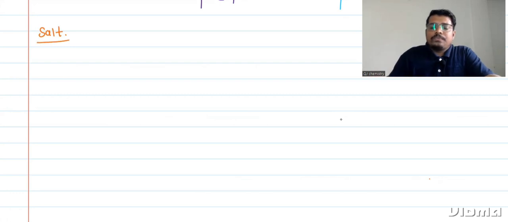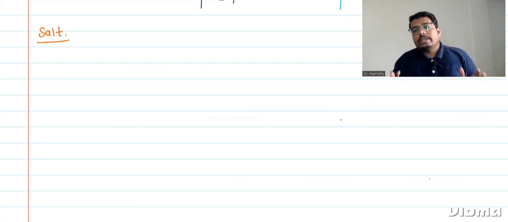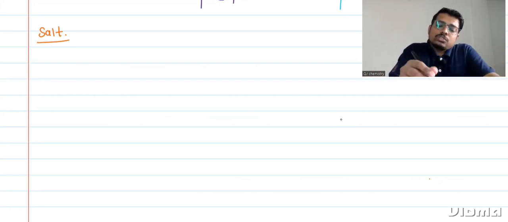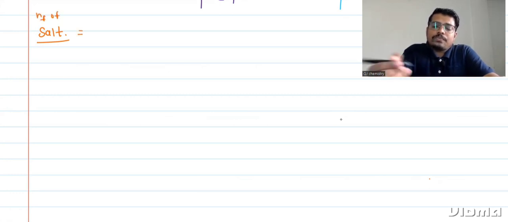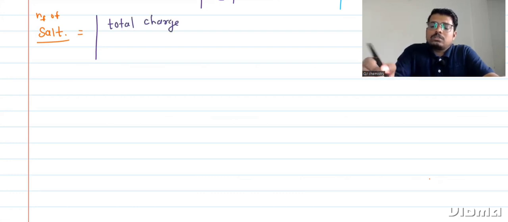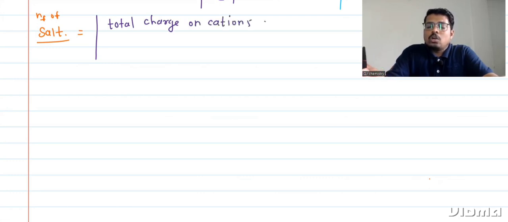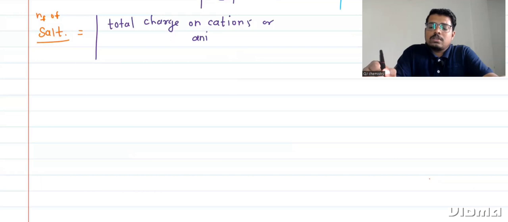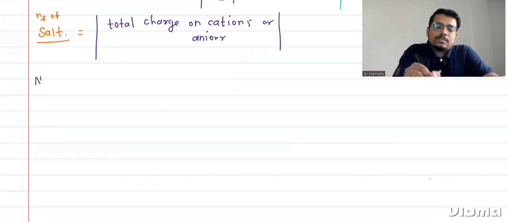Next type is salt. In case of salt, how to find n factor? N factor of salt is equal to the total charge on cations or anions. For example, NaCl.